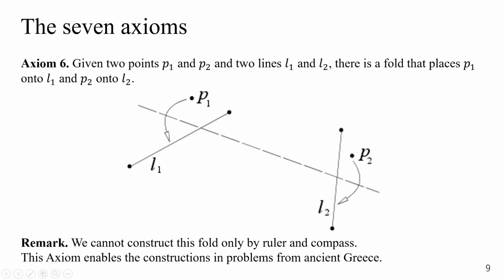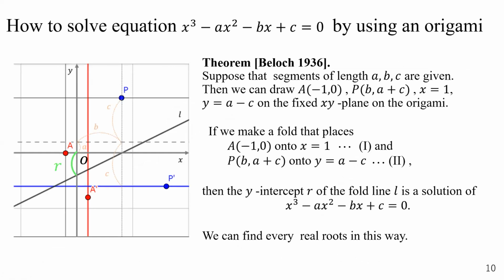We remark that we cannot construct this fold only by ruler and compass. This axiom enables construction in the problems from ancient Greece. I explain how to solve equations by using origami.